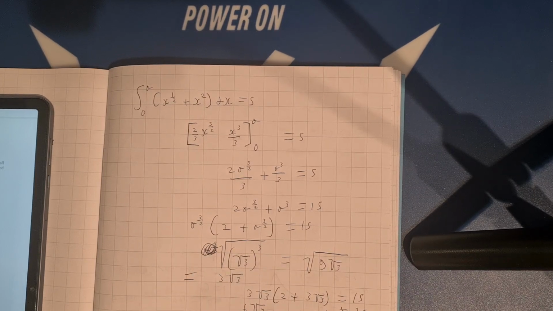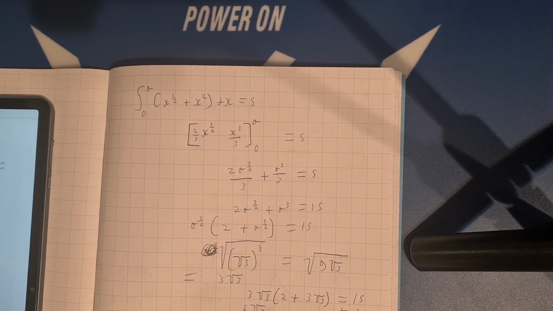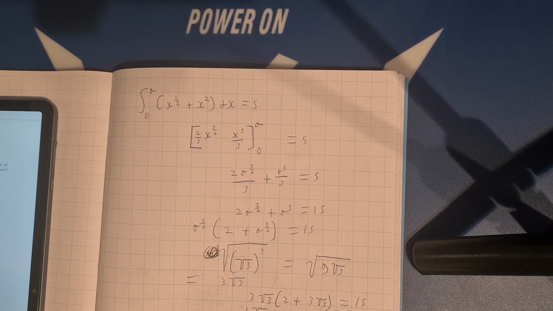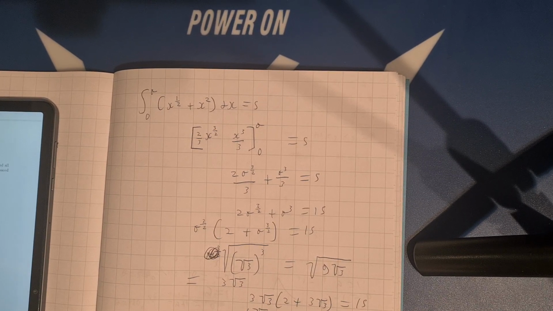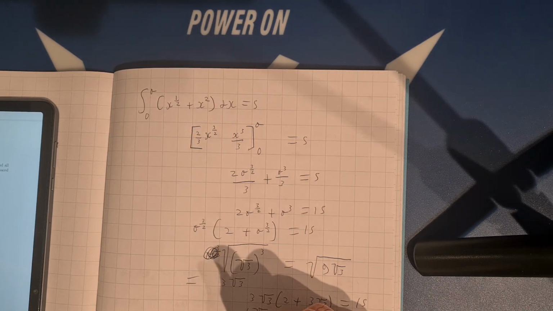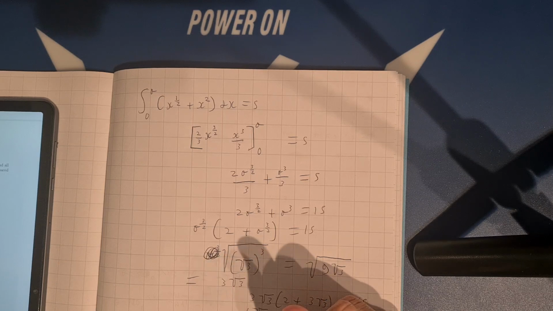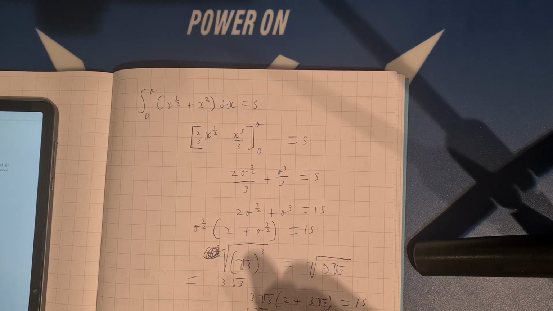Now if we look at our next one, we have C, which is a equals 3 to the power of 2 over 3. So if we do that, you have 3 to the 2 over 3 to the 3 over 2, which is that cubed and then square rooted. So that cubed is going to be 3 squared.